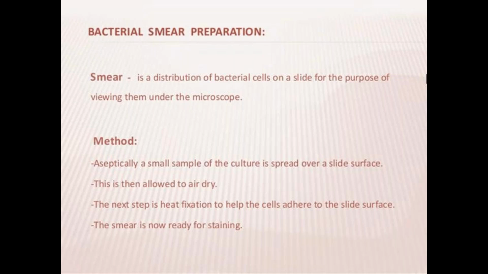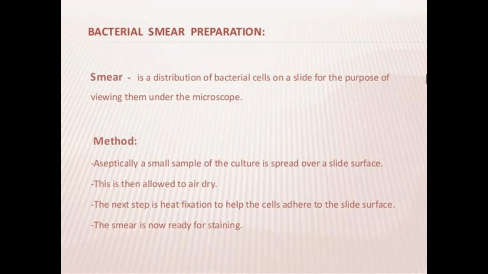Here first we have to do the staining, means first we have to prepare the smear, the bacterial smear. And what is meant by smear? Here it is the bacterial culture.